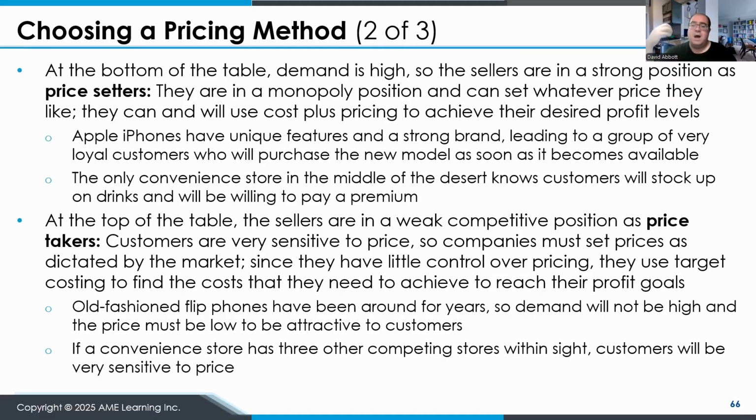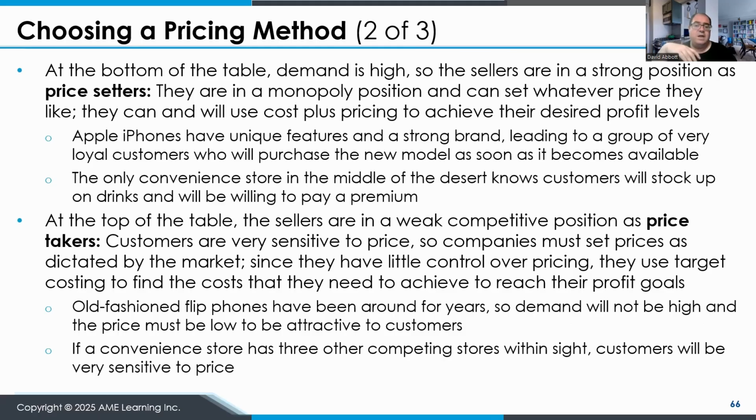And so they have a monopolistic position because they're the only ones that make the Apple iPhone and have those features and that functionality. So they're able to set the price however they want. They can and they will use cost-plus pricing in order to achieve their desired profit levels.